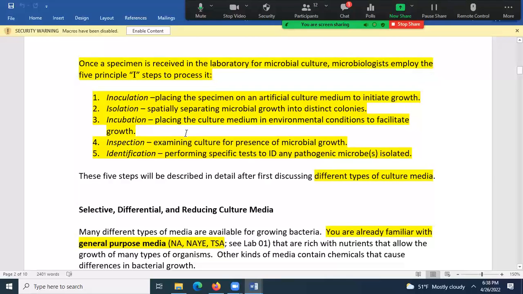Usually that's putting the culture in an incubator, and I'll show you an incubator in just a little bit. Then you grow up the culture and inspect it, examining the culture for the presence of microbial growth. And then you start identifying it, performing specific tests to identify any pathogenic microbes that were isolated. These 5 steps will be described in detail. We're first going to describe the different types of culture media.